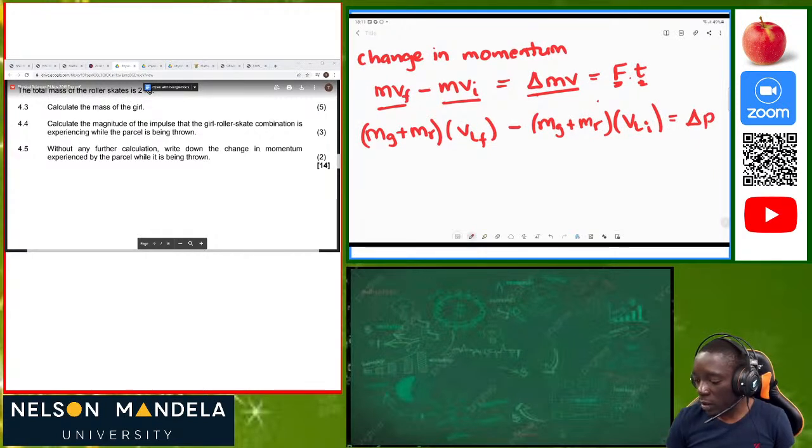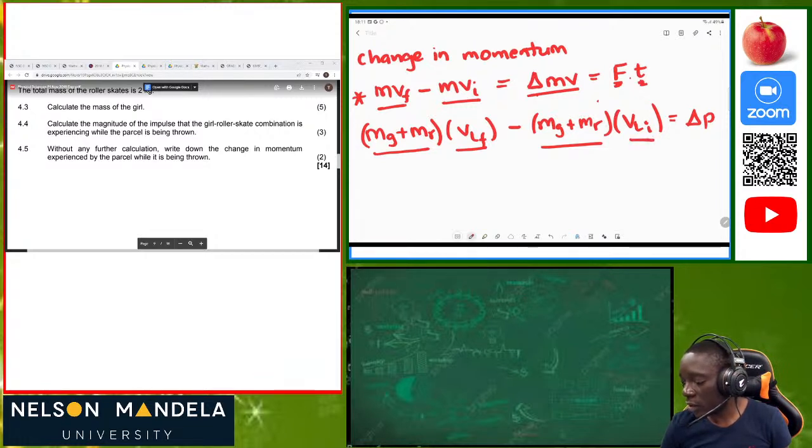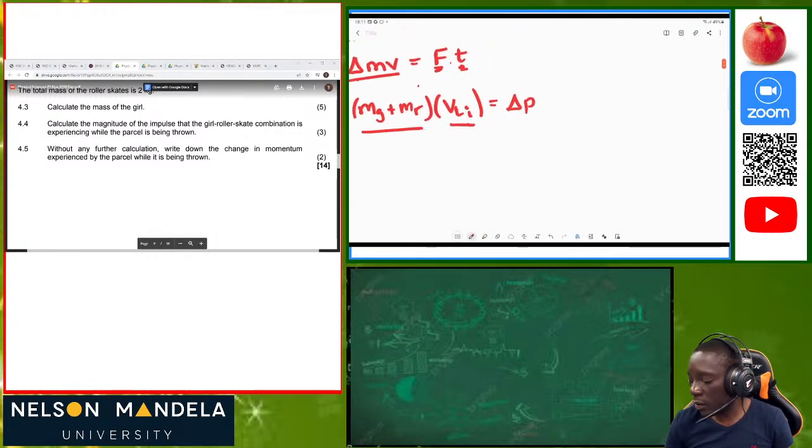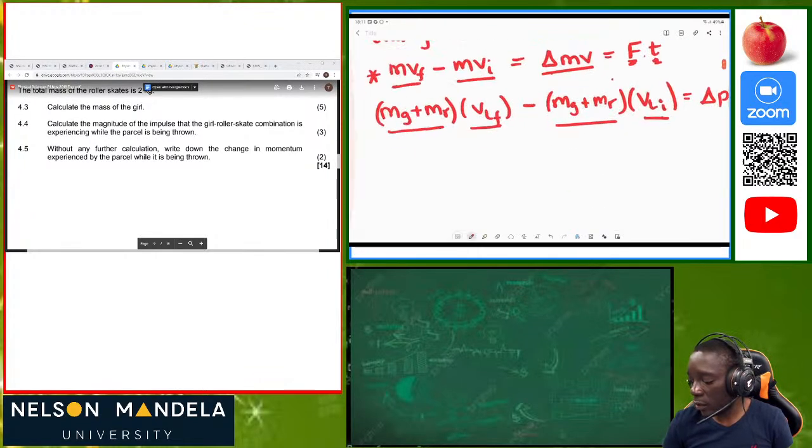Now from the expression given here, we are substituting for the masses and the velocities. The total final momentum is the total mass of the girl and the roller skates times the final velocity minus the total mass of the girl and the roller skates times the initial velocity. That should give us the impulse. So we found the mass of the girl to be 51.3.